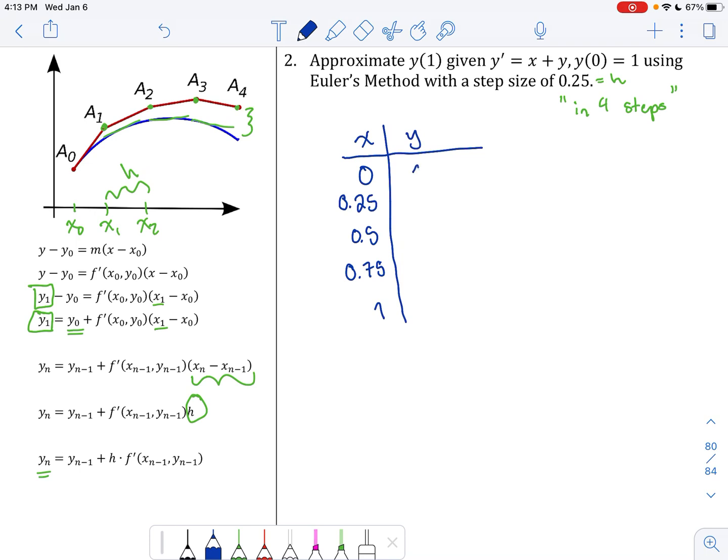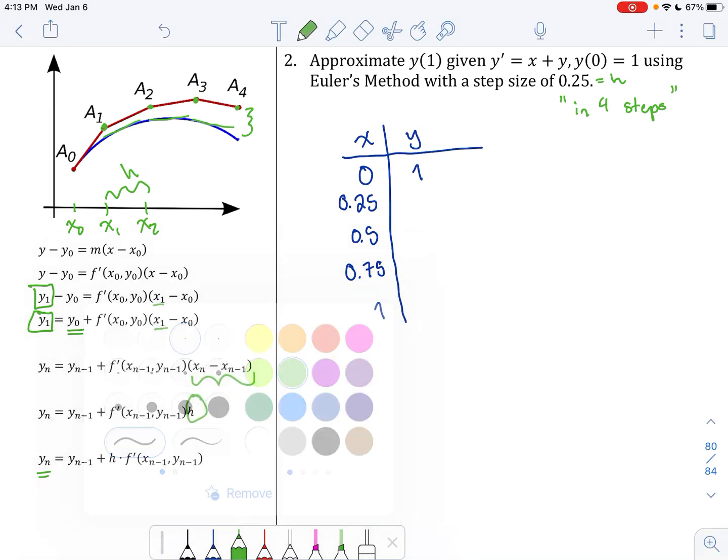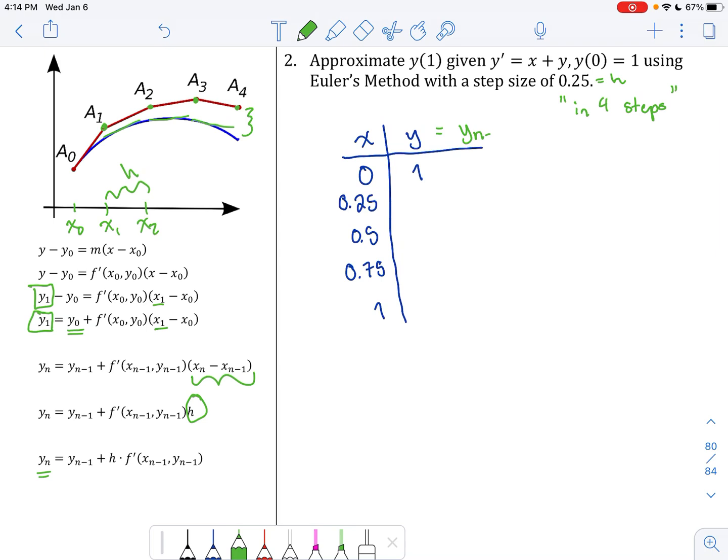Now your y values, we know what the first one is, but the next one is the one that we're not so sure of. But we're going to use that formula, which says use the old y value plus h times the derivative of that old point that you had before.